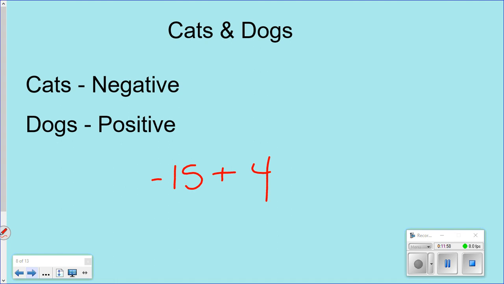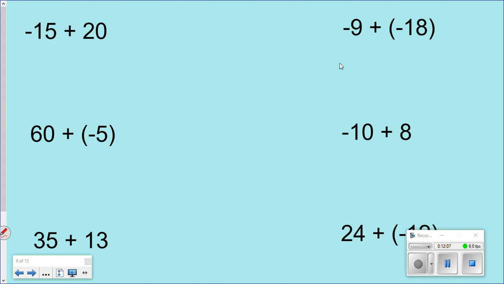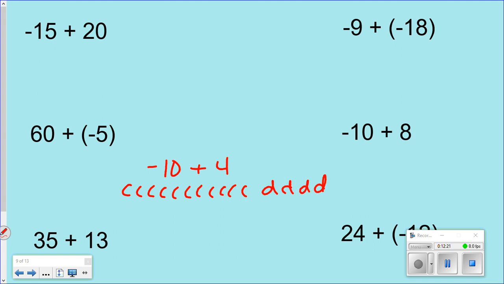How are we doing? Good, okay. We're going to practice a little bit yet. I've got a few I want you to practice with in your notebook. Do them all. See if you can get them. Think of cats and dogs if you need to. Some of you last year, seriously, if this was the problem, you actually wrote out cats and dogs. If you need to do something like that, it's okay. Is that how many cats there are? 1, 2, 3, 4, 5, 6, 7, 8, 9, 10, 11.